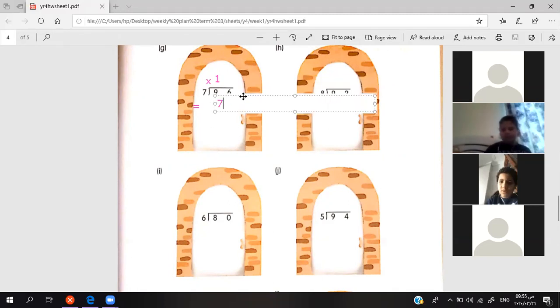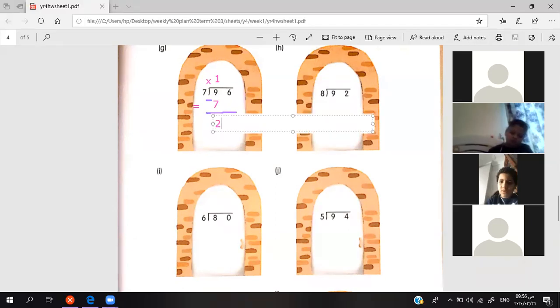My next step is to minus. After 7, 8, 9. So my answer is gonna be a 2. Like this I minused and I wrote my answer. Now it's time for the number to go down. The third step is for the number to go down. It's a 6.